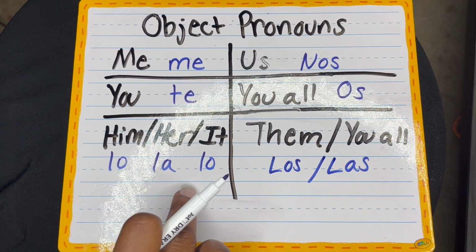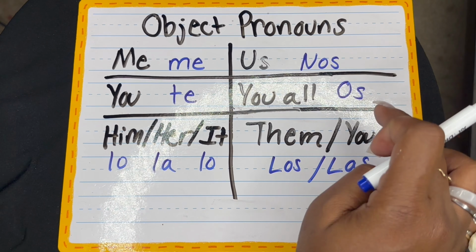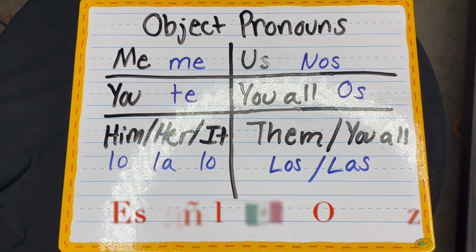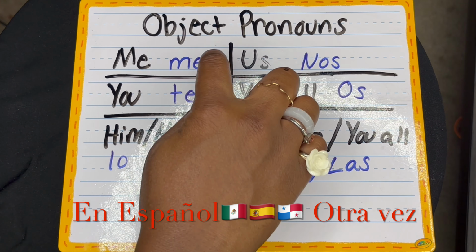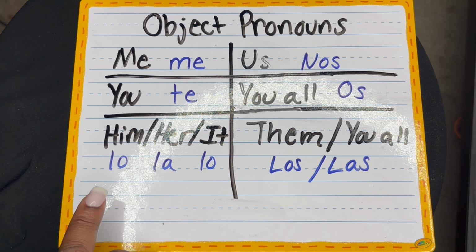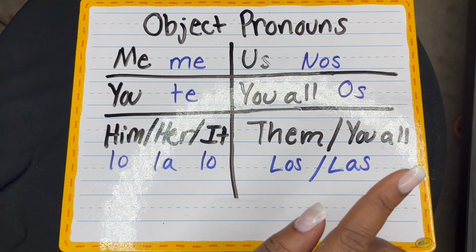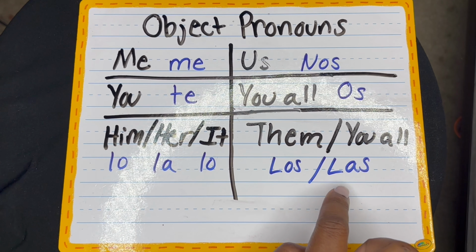Me, te, lo, la, nos, os, los, las. Los pronombres en español son me, te, lo, la, nos, os, los, las.